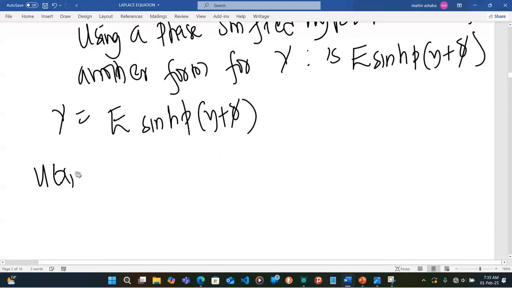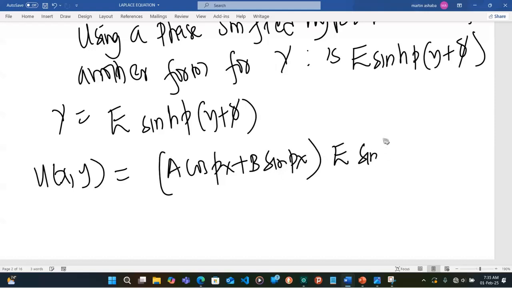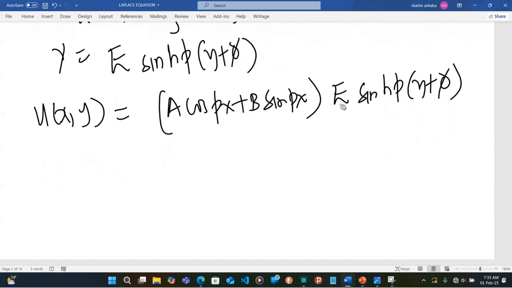Our solution, which is u, a function of x and y, becomes a cos px plus b sine px, multiplied by e sinh of p times y plus phi. So we can now multiply this e throughout so that we are able to reduce the number of constants.